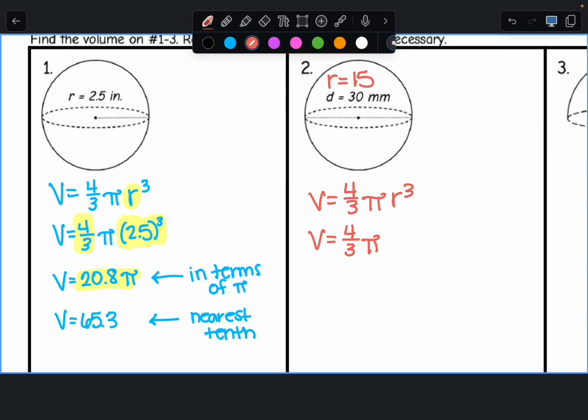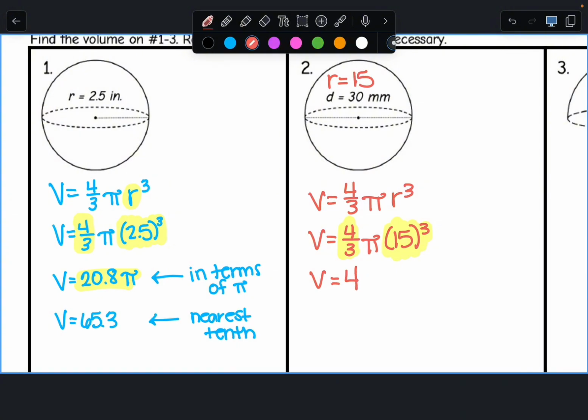And then plug in your 15. We're first going to write it in terms of pi, so you only multiply the 4/3, the 15 cubed. So you get 4,500, but remember you still keep the pi in the answer.